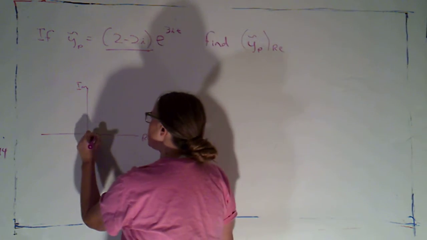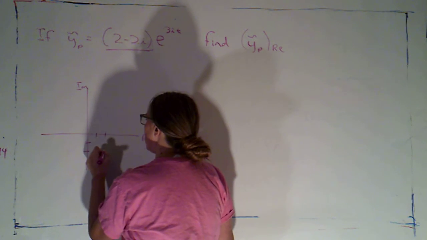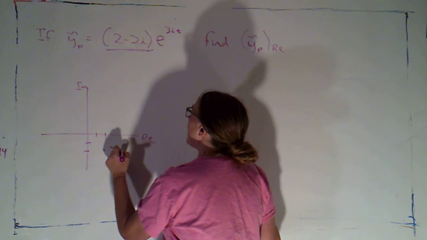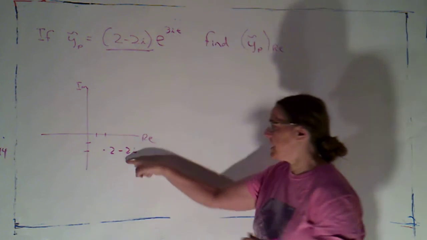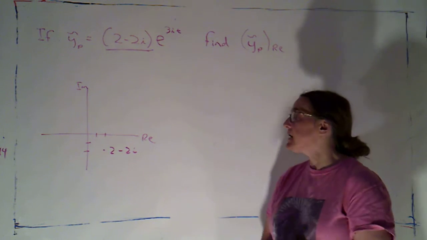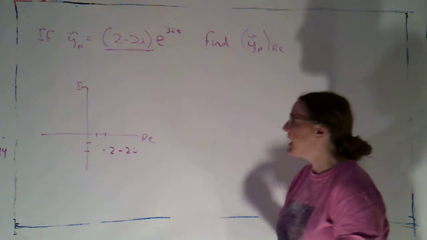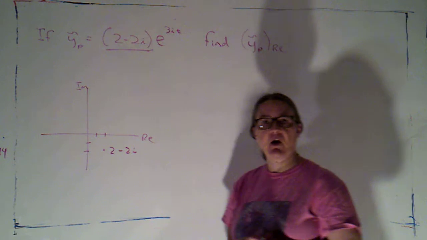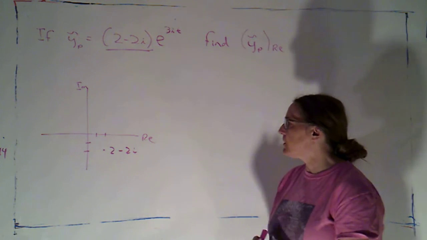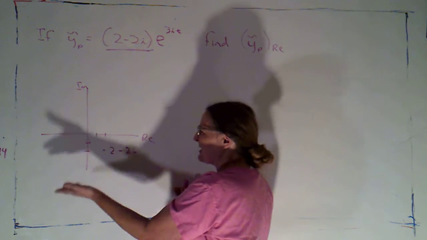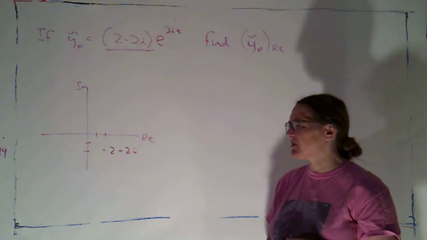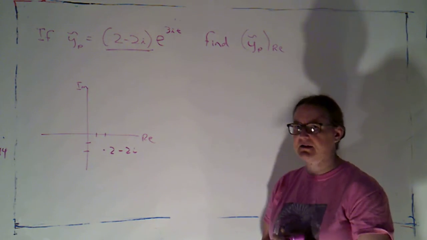So 2 minus 2i would correspond to that point right there. A point in the complex plane corresponds to a single complex number. Essentially, the real part 2 and the imaginary part negative 2 would correspond to the x and y coordinates if this were just a point in the xy plane.